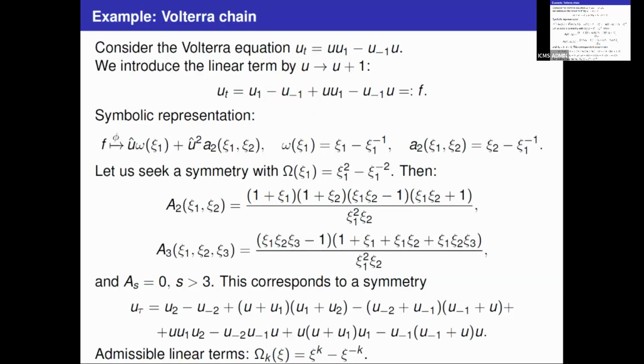So then the symbol of the linear term is xi_1 minus xi_1 inverse. This is the symbol of the quadratic part. And then from Wolff's formula, you can see that if we choose capital omega to be xi_1 squared minus xi_1 inverse squared, then A2 is this Laurent polynomial, A3 is this, and then in fact, in this case, it will just truncate.